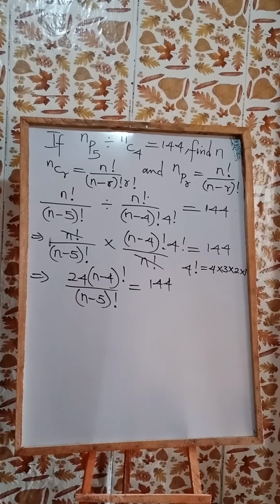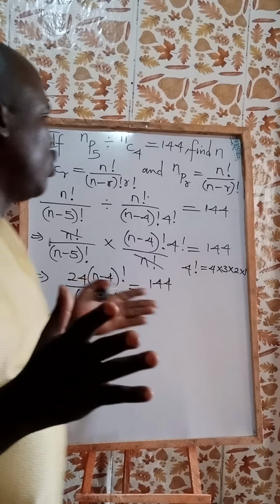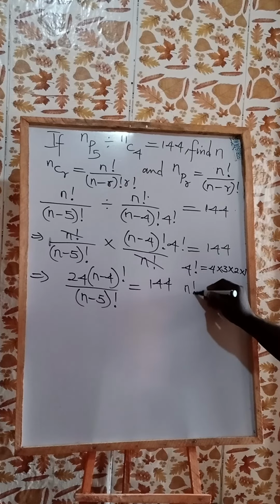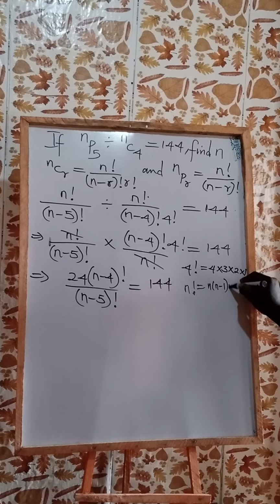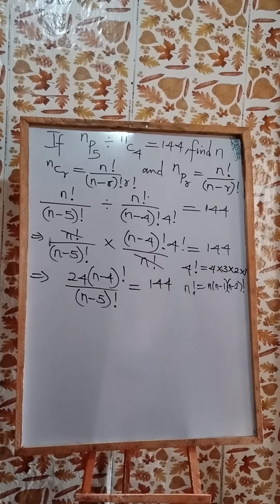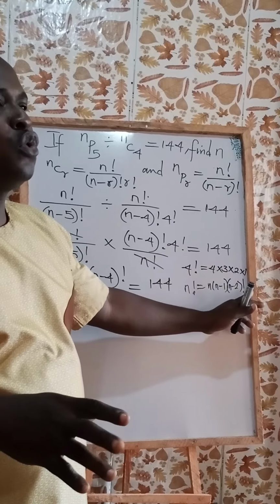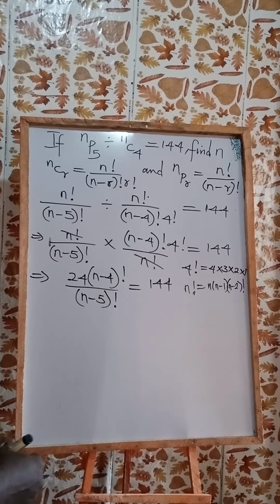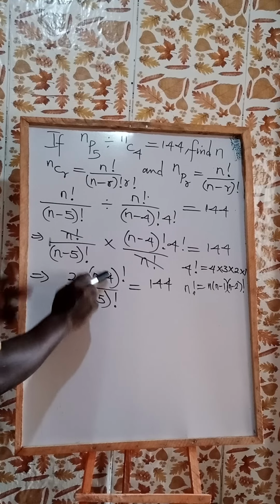Looking at this question, I can do some manipulation. Don't forget that n factorial is equal to n into (n minus 1) into (n minus 2) factorial, depending on wherever you are going to stop. And anywhere you are going to stop, you are going to put the factorial sign. So here, I look at this numerator, (n minus 4) factorial.